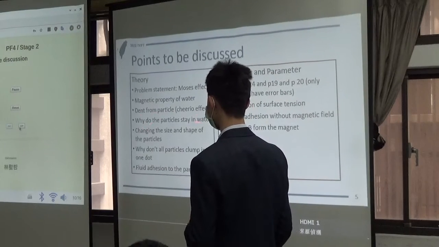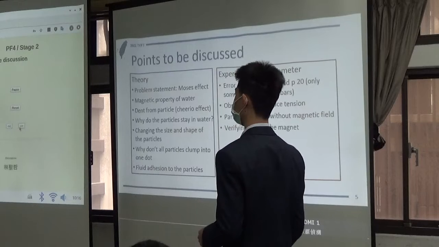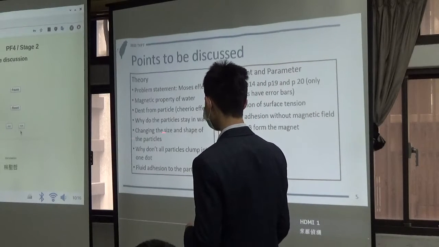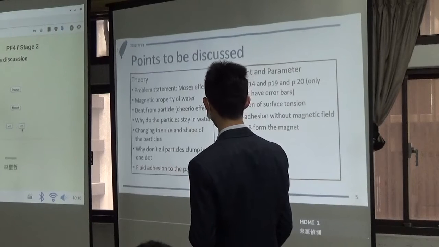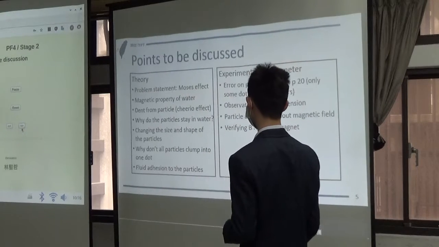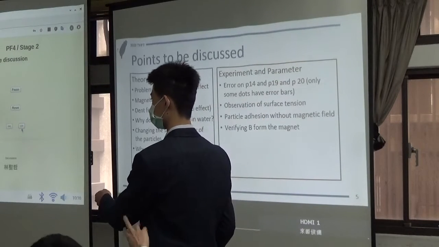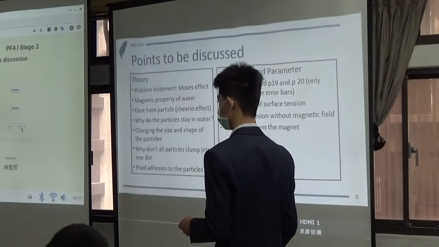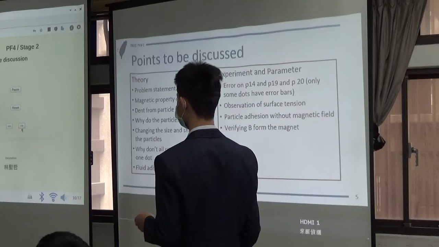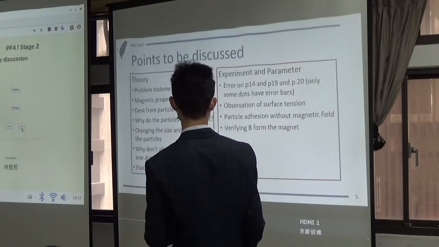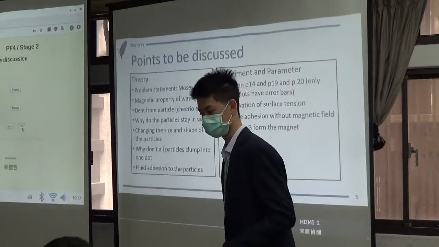And they didn't change the size and shape of the particles to see how it affects the drag. For the experiment and parameters, can you go to page 14? I'll explain the error on page 14: there's variation with the Gauss meter, and that concludes my discussion.